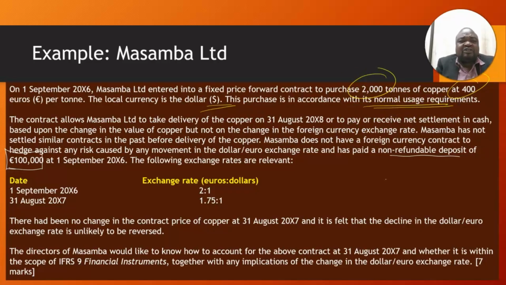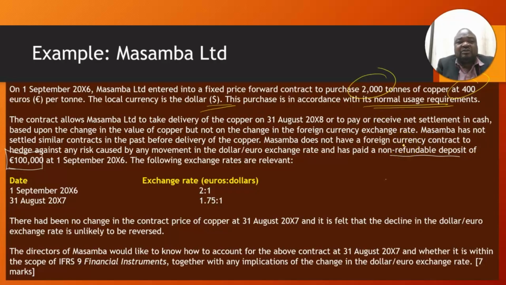The contract allows Masamba Limited to take delivery of the copper on 31 August 2028, or to pay or receive net settlement in cash based upon the change in the value of copper, but not on the change in the foreign currency exchange rate.